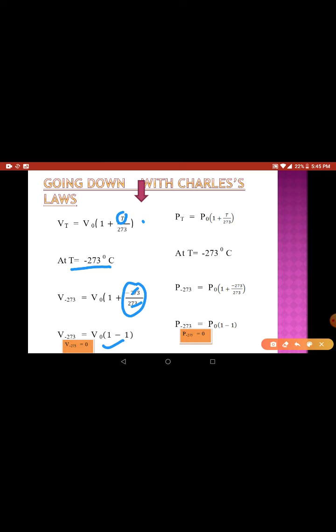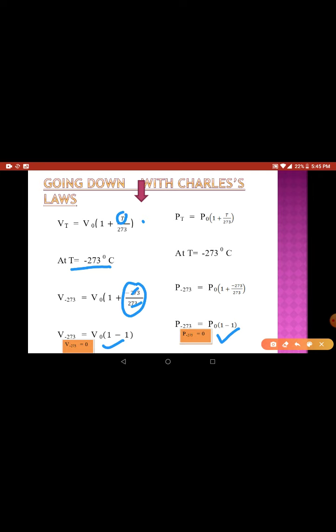Similar is the case of pressure. The pressure is also becoming 0 at minus 273 degrees Celsius. So this is exactly saying that at minus 273.16 degrees Celsius, the volume and the pressure become 0. What does it mean?